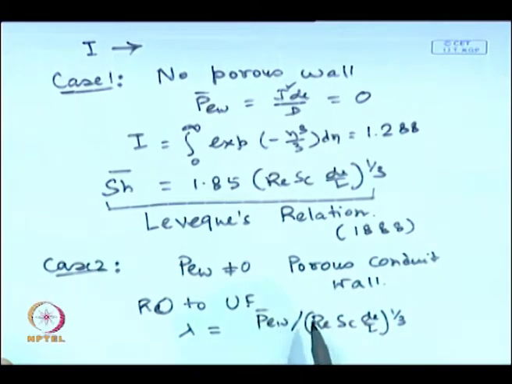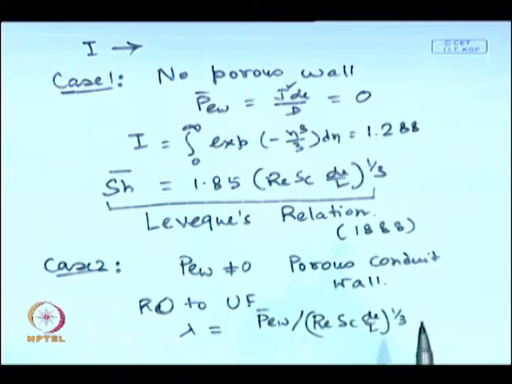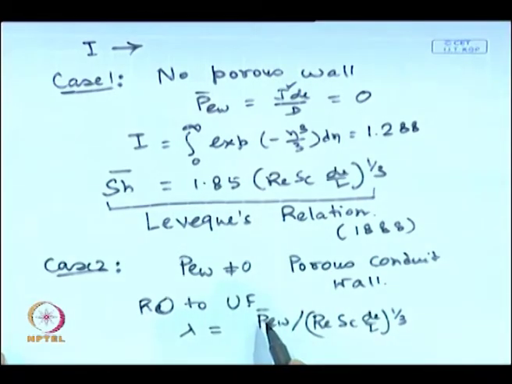The value of Pw for microfiltration will be in the order of 10 to the power minus 5 meter cube per meter square second. For ultrafiltration, it will be 2 or 3 into 10 to the power minus 6 meter cube per meter square second. So, you know the order of magnitude or range of values of the permeate flux Pw.